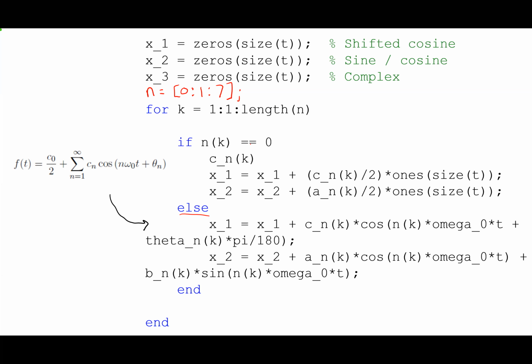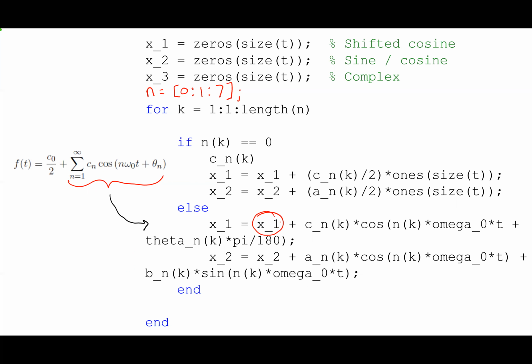That's my DC term. So for any other frequency, let's go to the any other frequency first. That's where I go to the else. What I have in my x1 is I am implementing that summation, right? So what I'm doing is I'm saying take the vector x1 and add to it.